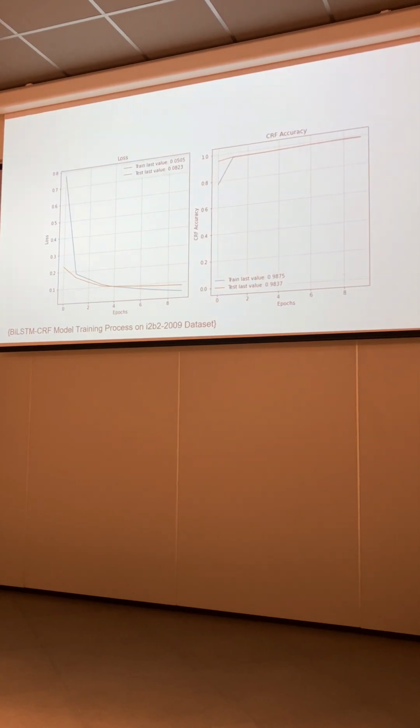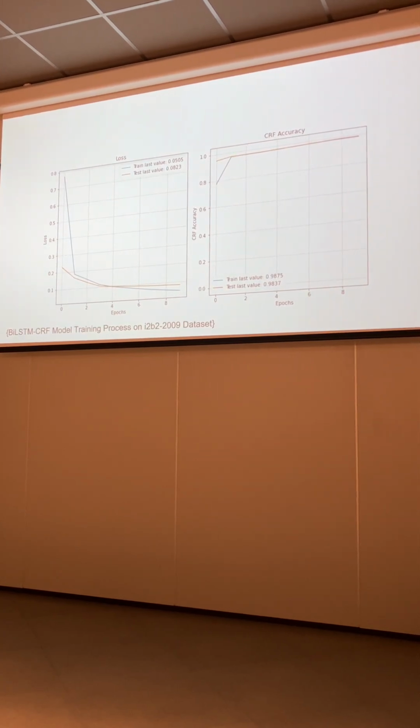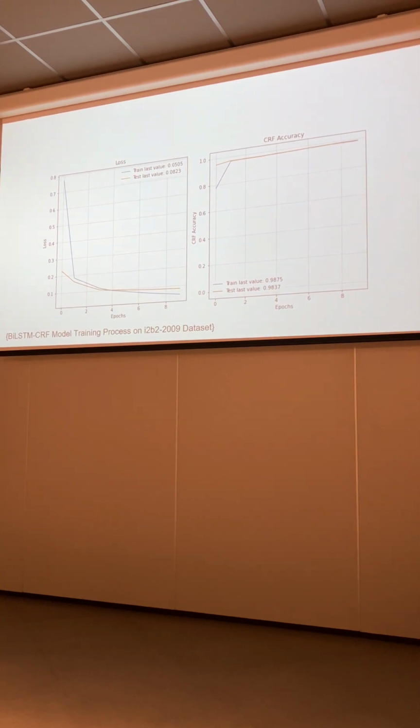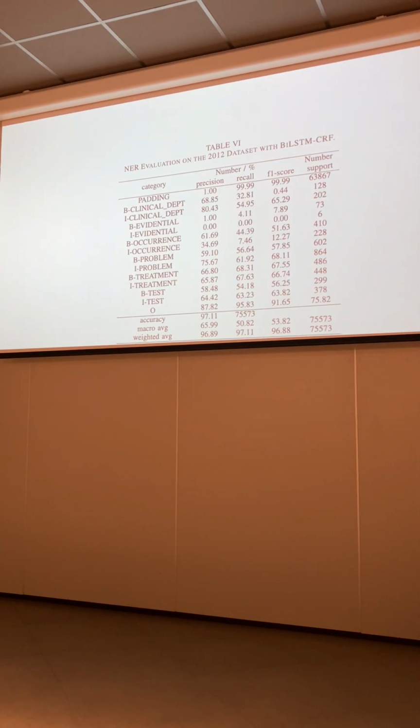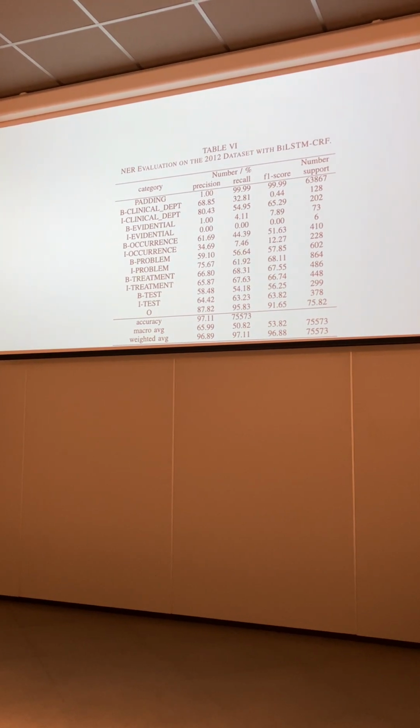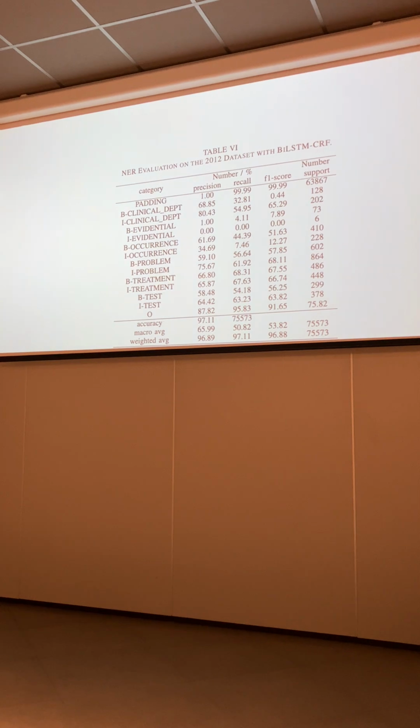And here we draw the figure of model learning loss and CRF accuracy, how it progresses. And this is the score that we get from the 2012 data on the AR part.